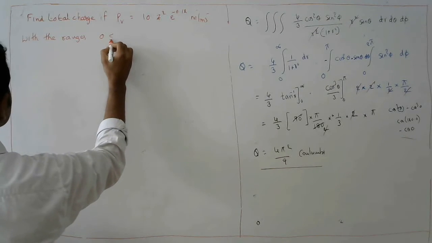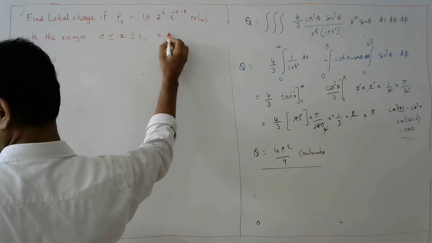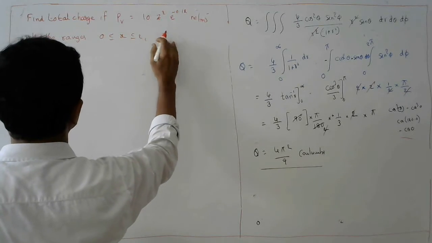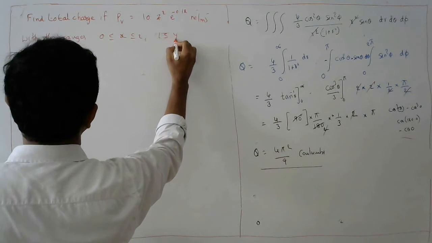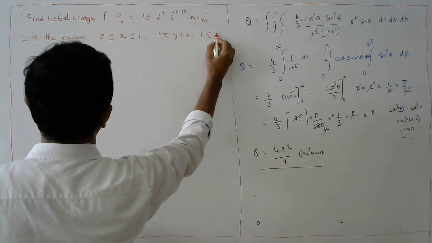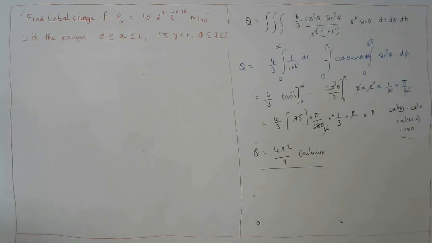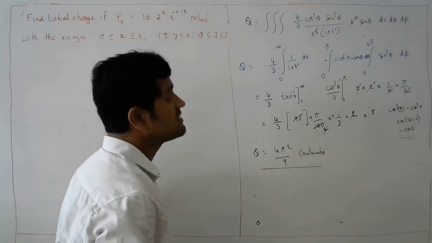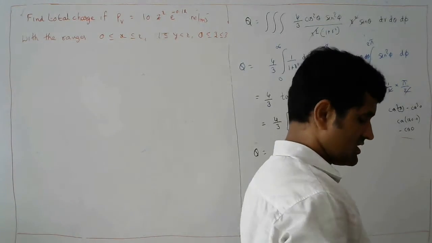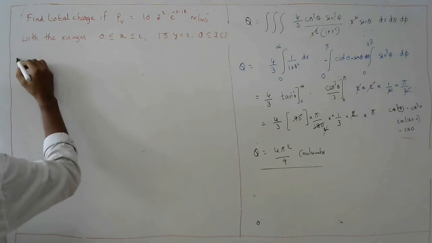x varies from 0 to 2, y varies from 1 to 2, and z varies from 0 to 3. Sorry, not 1 to 3, 0 to 3. Then the examiner is asking to calculate the total charge. So the ranges and the function are given. What function is given here?